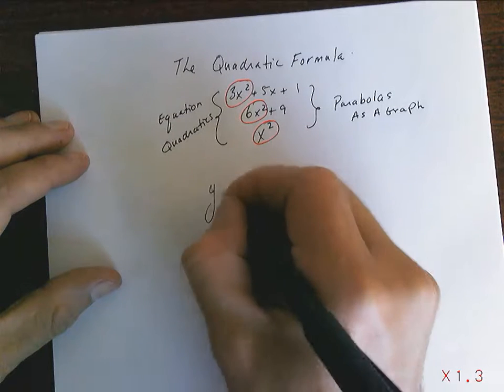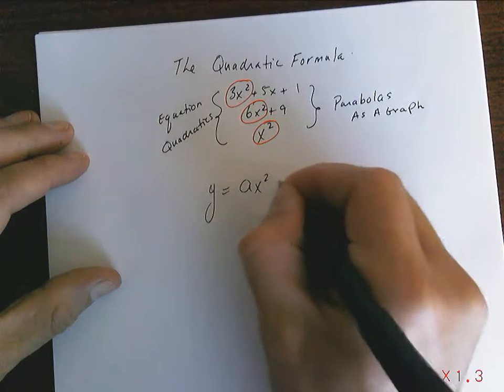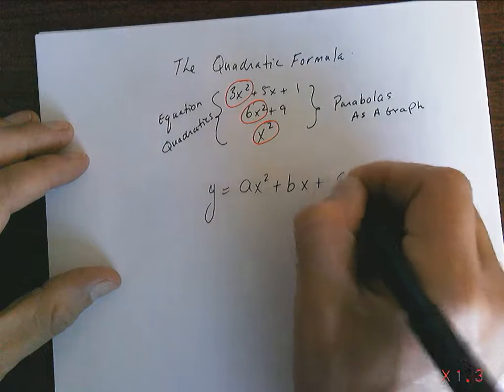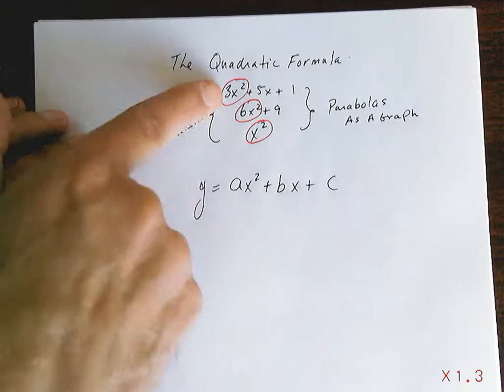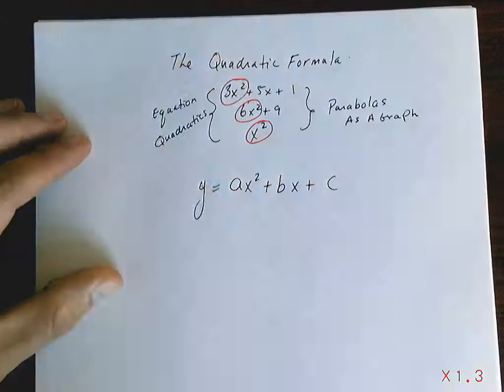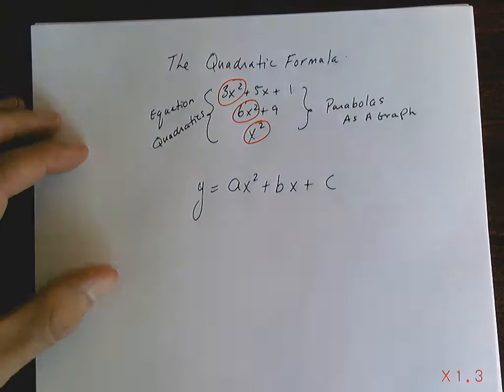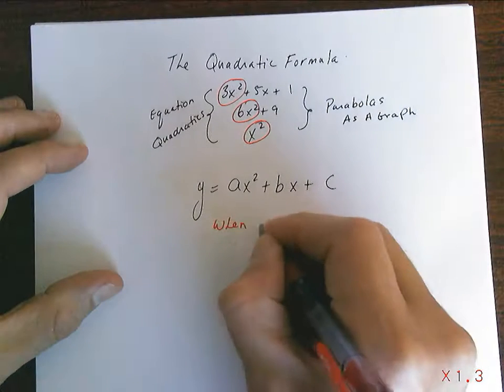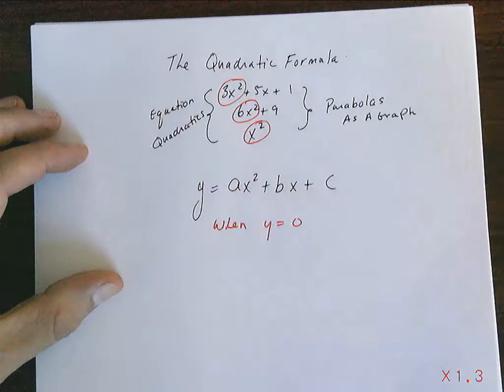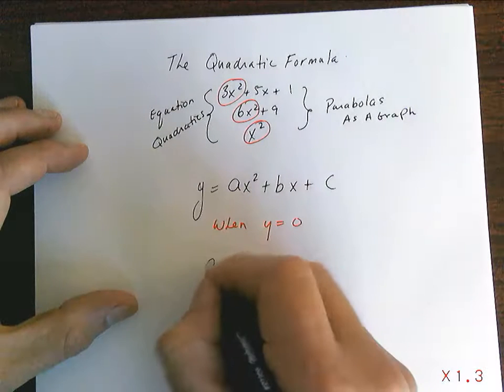So the general form for every quadratic is to write it like this, where a, b, and c are going to be numbers. And the one above, I've got a is 3, b is 5, and c is 1. Now, when the quadratic is set equal to 0, so when, and this has to be true, y equals 0, so it's going to look like this now.